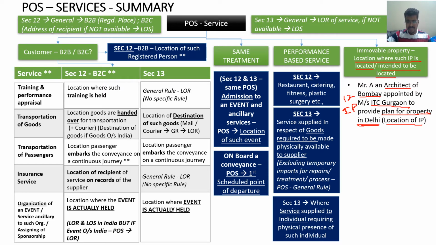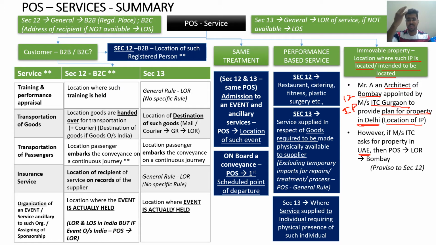So next example, let's say same scenario, that is Messrs. ITC of Gurgaon asks Mr. A of Bombay to give a plan for a property in UAE, United Arab Emirates, which is in the Middle East, outside India. Now, will the answer be the same? Will the place of supply be UAE?